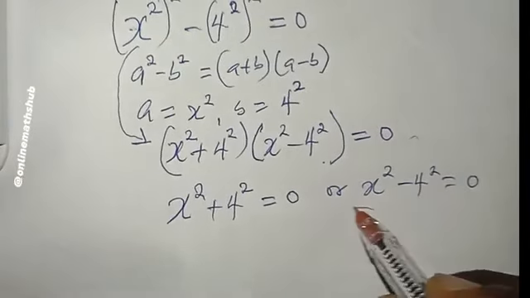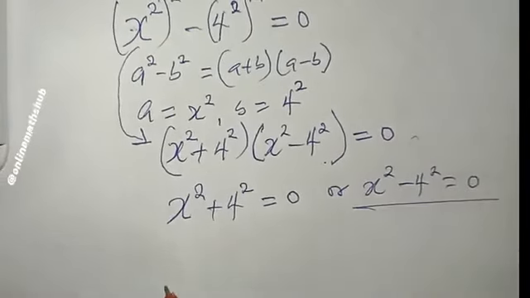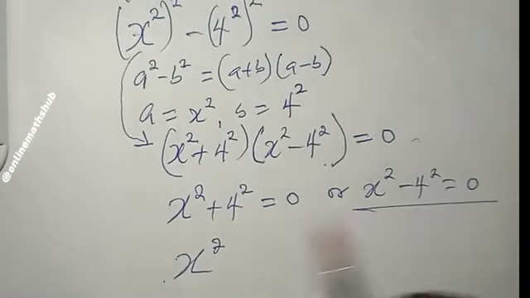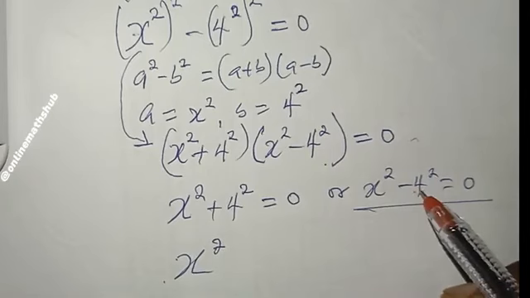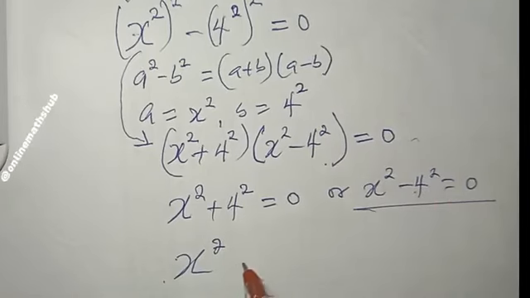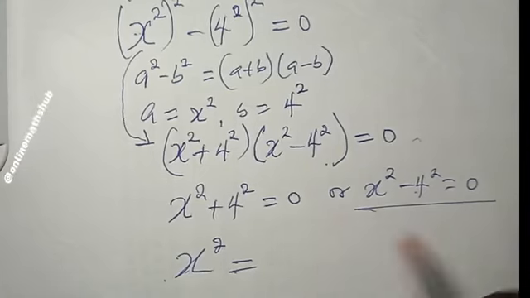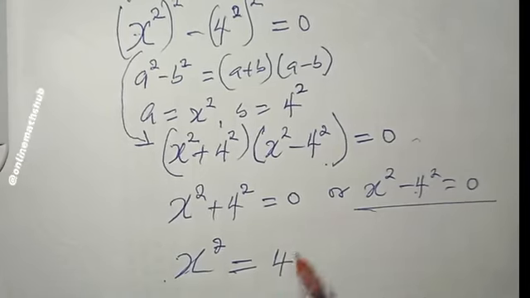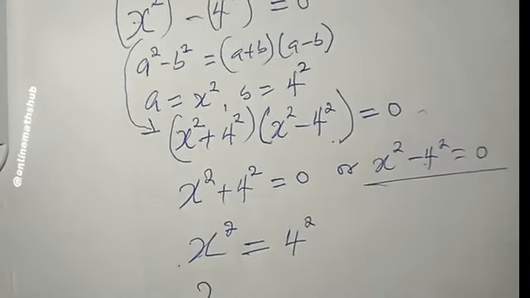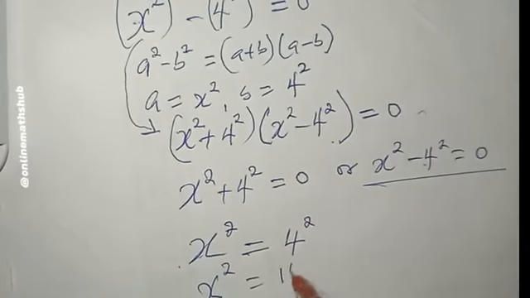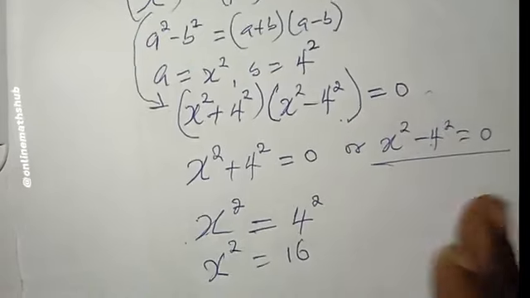So if I decide to pick this and solve first, let's deal with that case first. This is x squared minus 4 power 2. I can just take this to the right hand side, so that I will have x squared is equal to 4 squared. I can write this as 16, because 4 squared is actually 16.